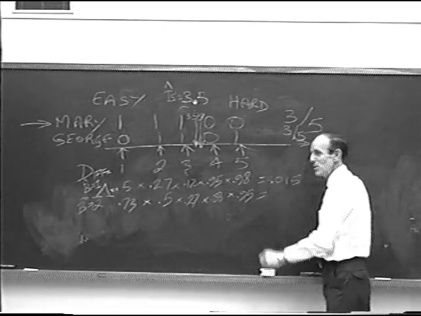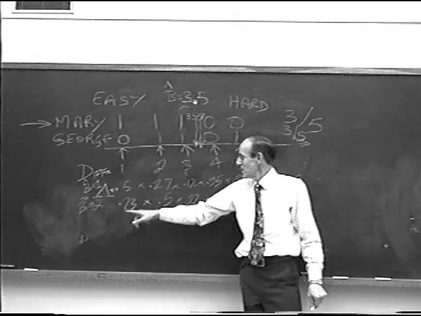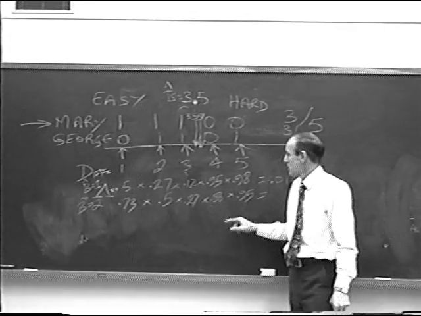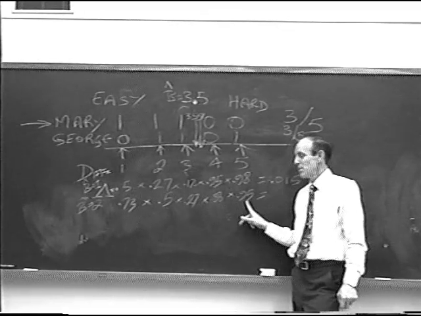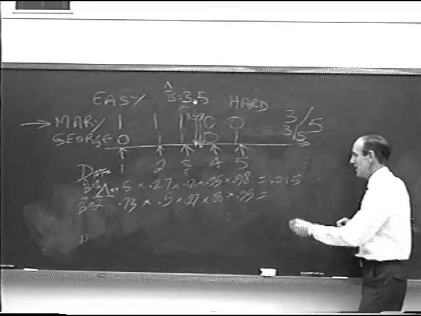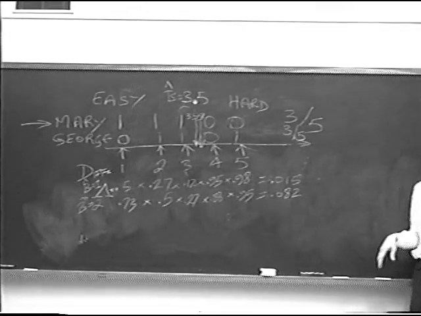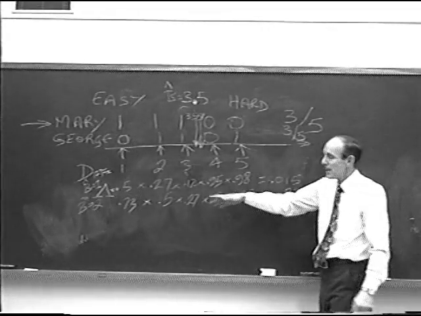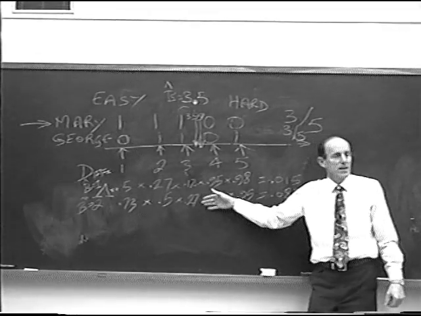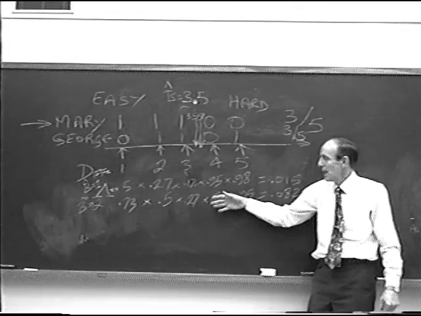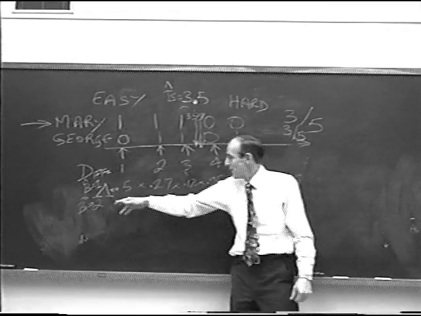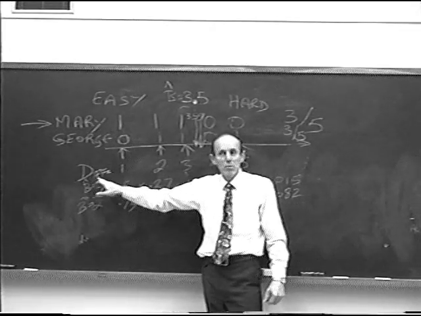All right, we have a new multiplication here. 0.73 times 0.5, 0.27 times 0.88 times 0.95. 0.082. All right, so far what we've discovered is that the likelihood of the data that we observe increases if her ability is 2 rather than 1.